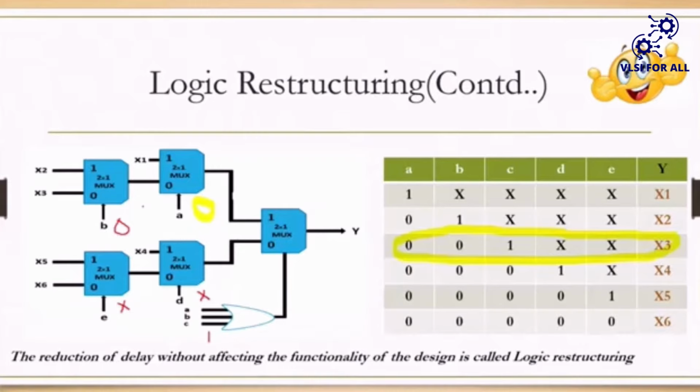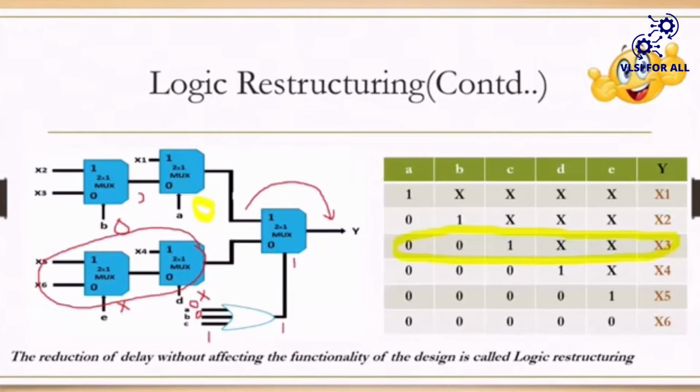Let's assume this is X and X. So team, here you see, first of all you take A0, B0, C1, so that the OR gate output is 1, which is considered as a mux selection line. As the selection line input is 1, this will go to the output.